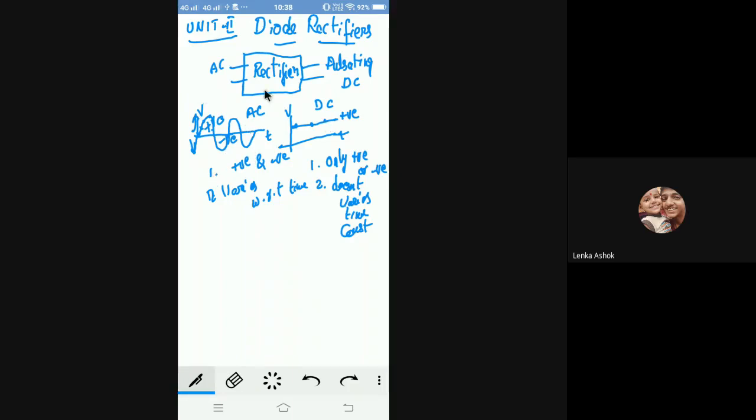The input for our rectifier is an AC signal. I will draw it.